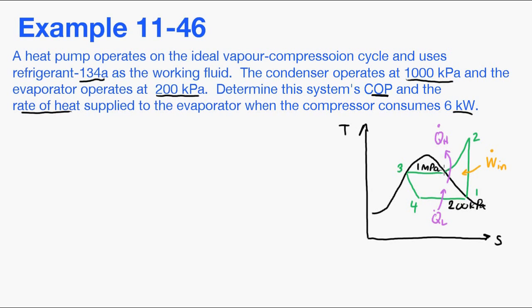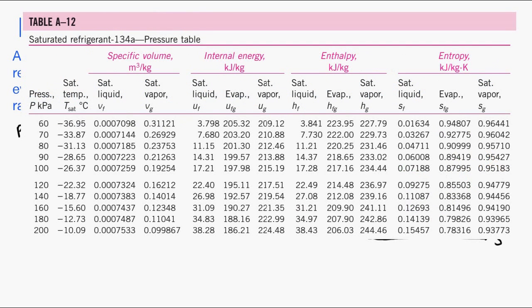And we'll draw on our two operating pressures. So we'll start at point 1. We know our pressure, and we know that this is a saturated vapor. So we can look up the values of entropy and enthalpy in the tables for the refrigerant. So here's table A-12 from your book.